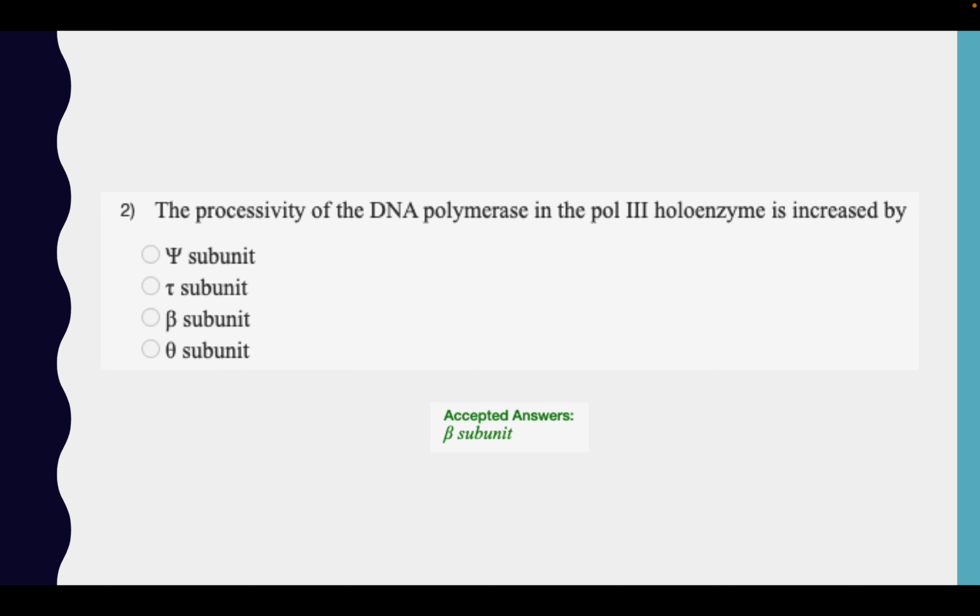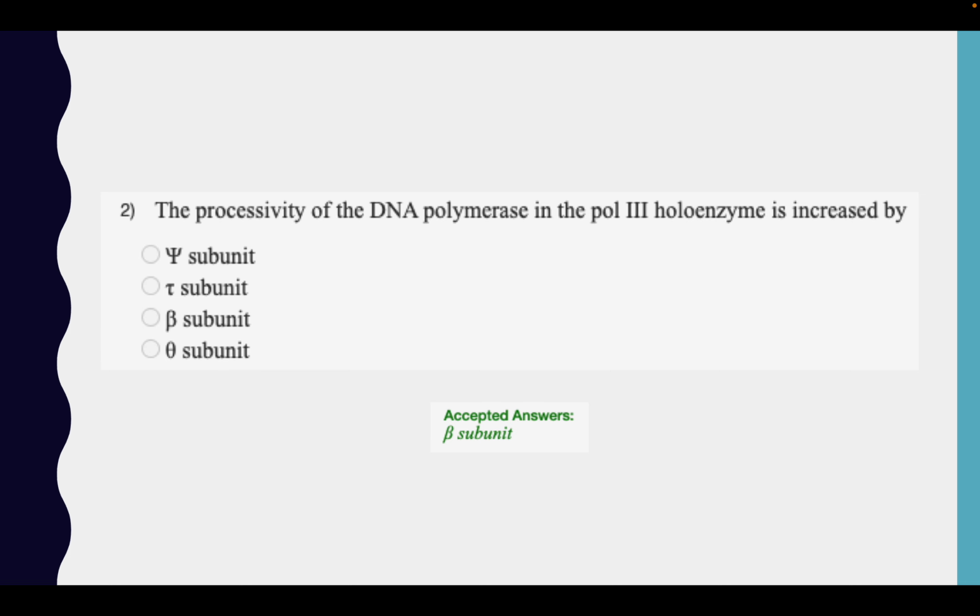So processivity of DNA polymerase in the polymerase 3 holoenzyme is increased by the beta subunit. What the beta subunit does, it forms a ring-like structure that tightly clamps around the DNA, allowing the polymerase to slide along the DNA strand without dissociating, thus significantly increasing its processivity.